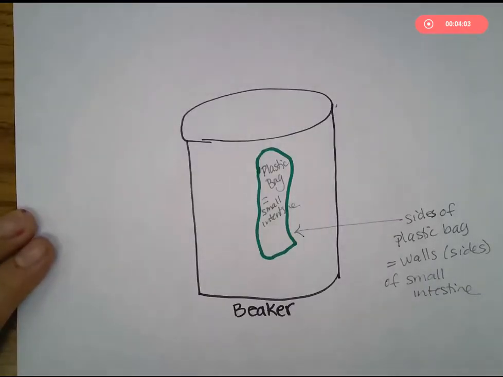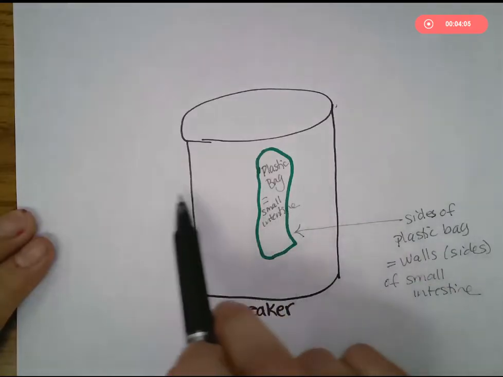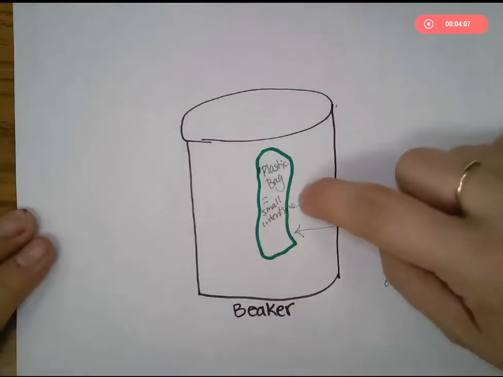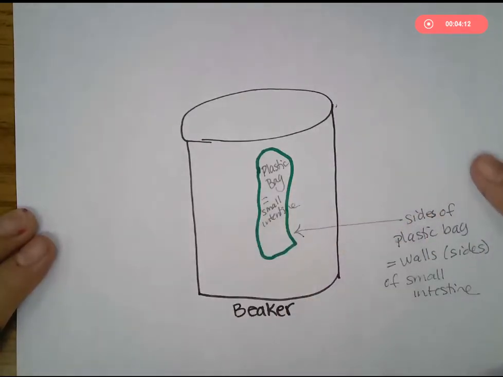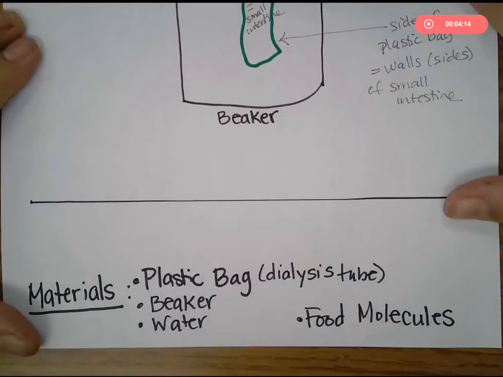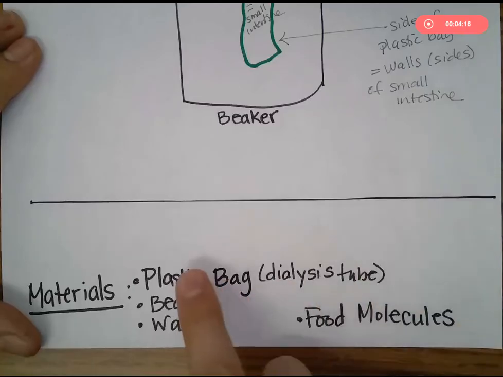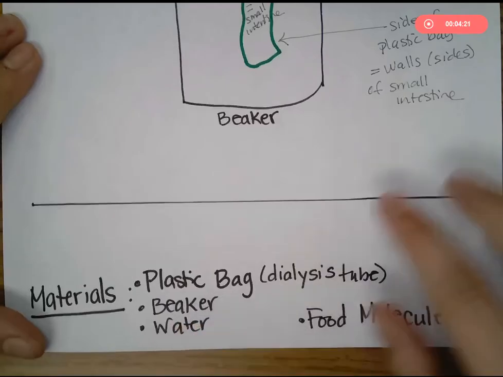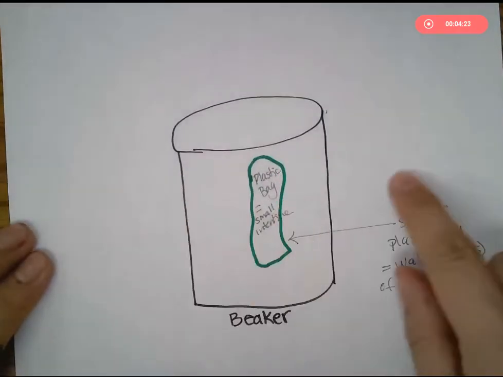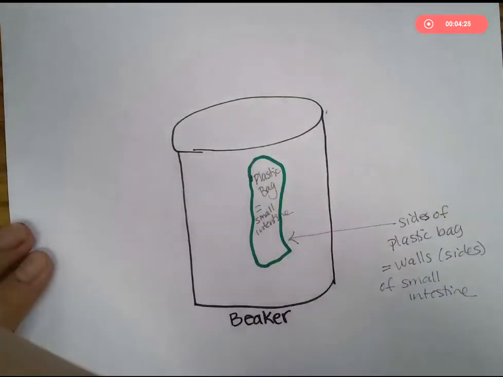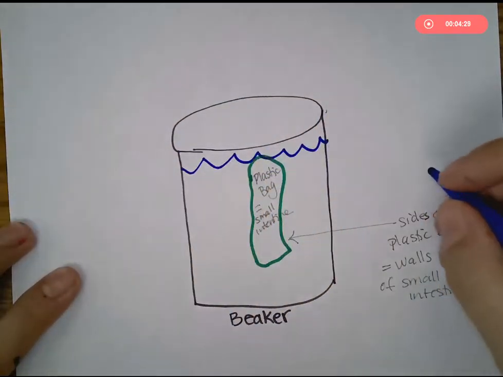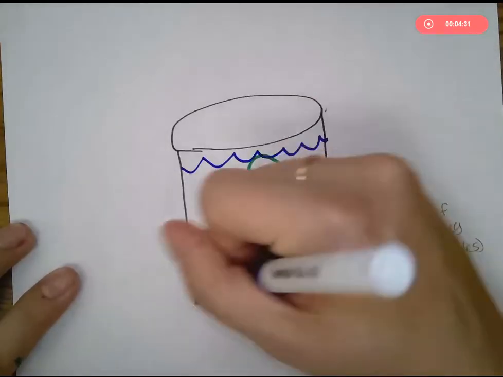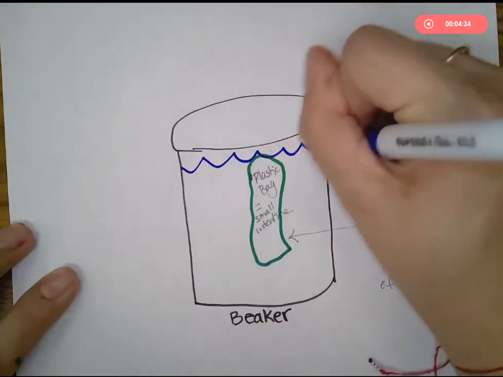Okay. And what is our plastic bag, which represents our small intestine, going to be in when it's hanging out in this beaker? Well, if we go back to our supply list, our bodies are mostly made of water. So our plastic bag will be in liquid or water.